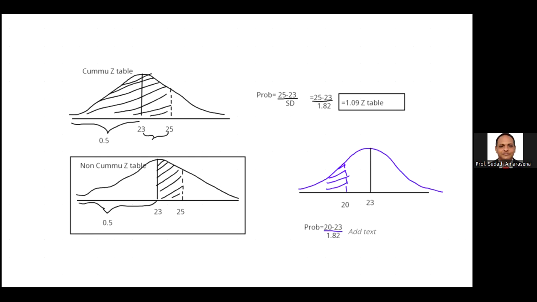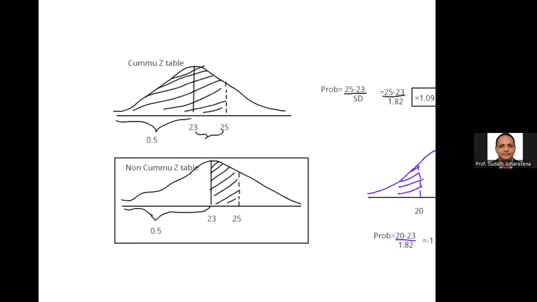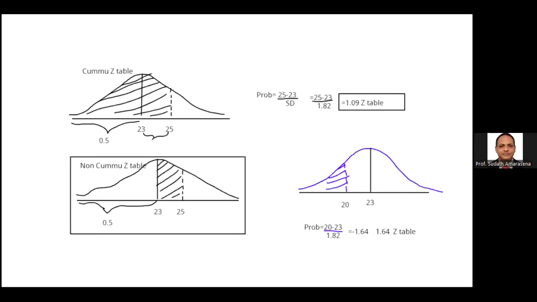Just get the 1.64 and use the Z table to get the value. You understood? In the previous within 25 days, we got the plus value. Now we got minus 1.64. Then when I'm going to check the value from the Z table, forget the minus. Temporarily, you can assume we don't have minus. Then check 1.64.